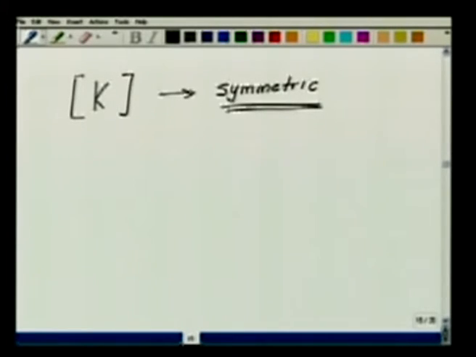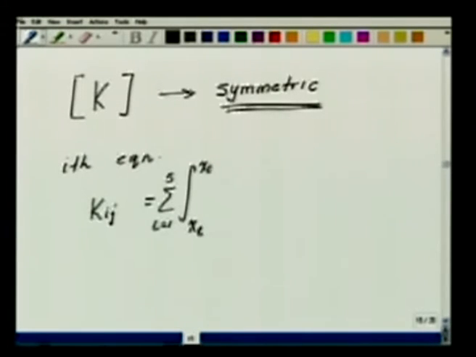Okay, so let's now again go back to the ith equation. So we have Kij equal to the summation L equal to 1 to 5 of the integral from xl to xl plus 1 of Ea phi j prime phi I prime dx.